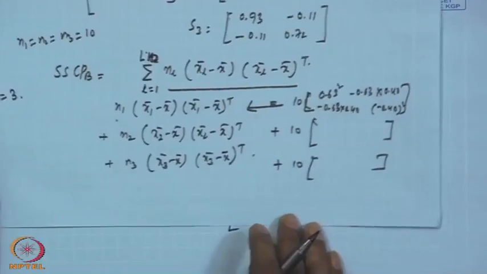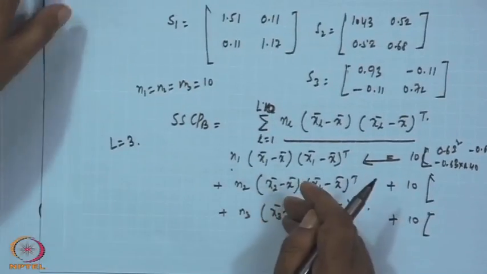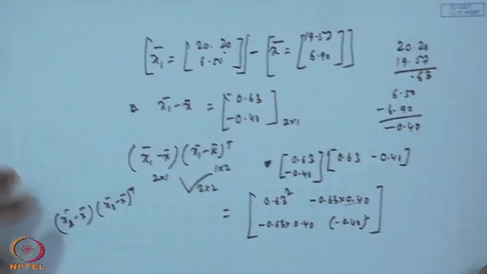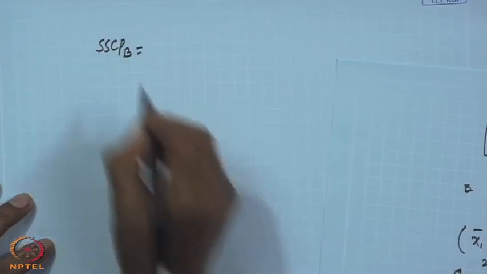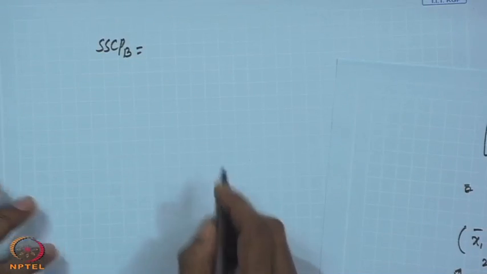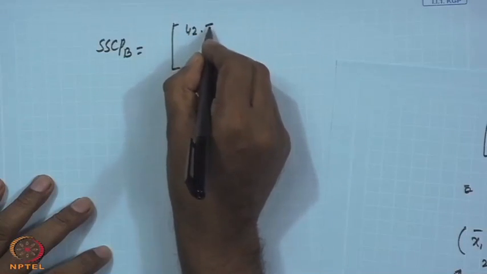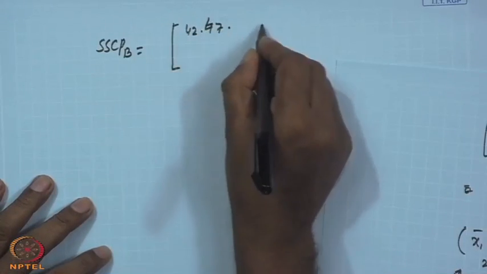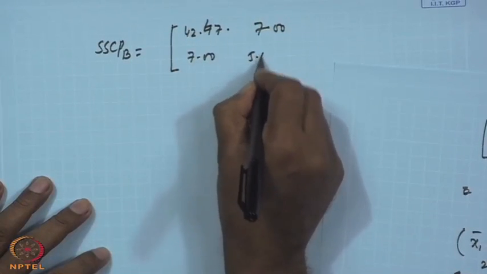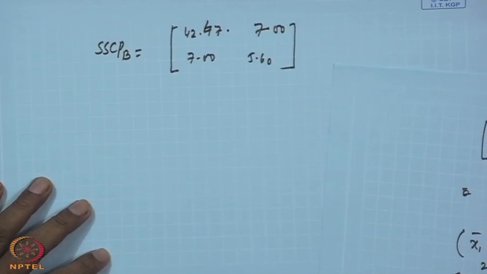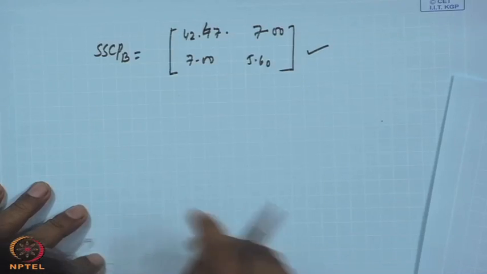So, resultant, the ultimate thing, that SSCP you get here, SSCP B will be, we have computed, that will be your 42.47 and 7.00, then 7.00 and 5.67. So, SSCP B is calculated like this.